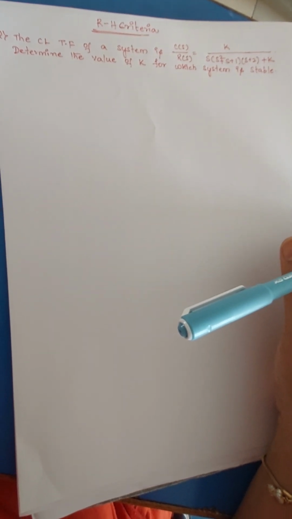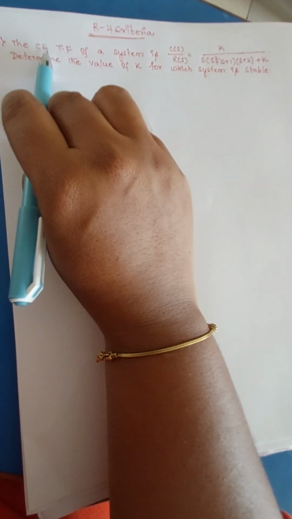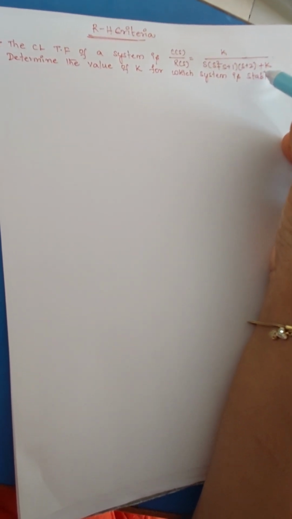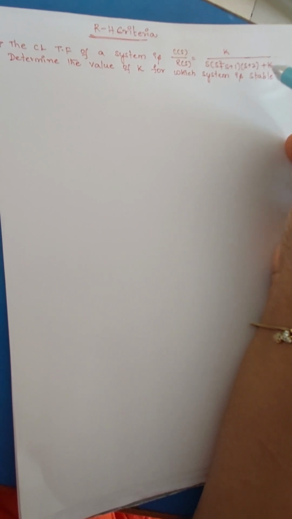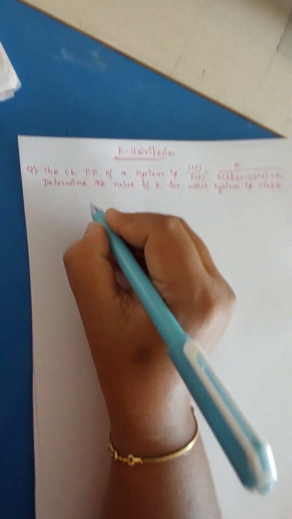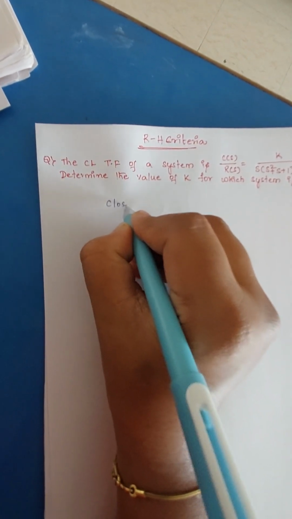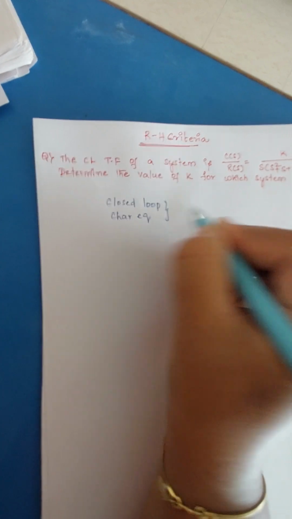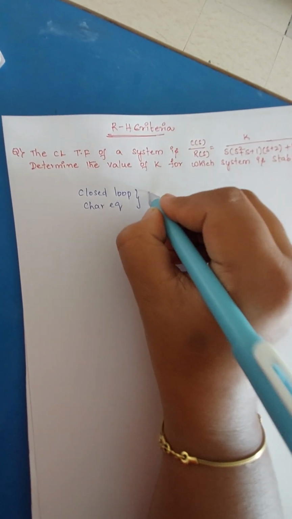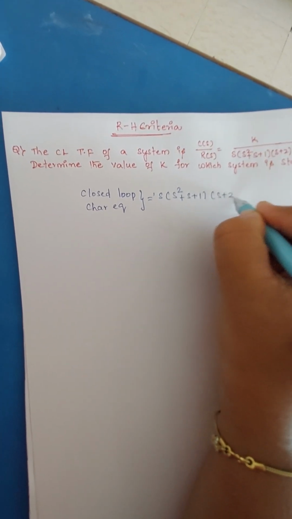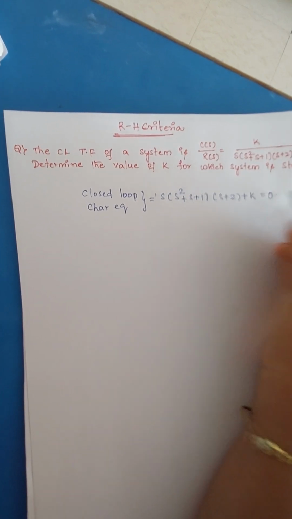The given transfer function was for a closed loop system. If you consider the denominator polynomial and equate it to 0, that becomes the closed loop characteristic equation. So the given characteristic equation was s(s² + s + 1)(s + 2) + k = 0.